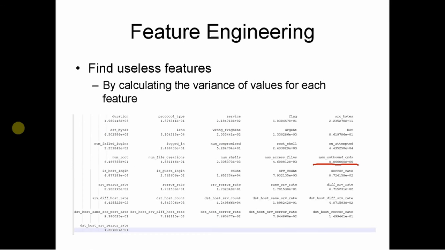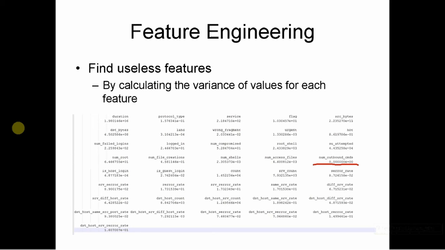To do the feature engineering, first I need to find the useless features. To find the useless features, I calculate the variance of values for each feature. As you can see, here are the variances for the 41 features. Some variances are pretty high and some are relatively low. Here's an extreme example.